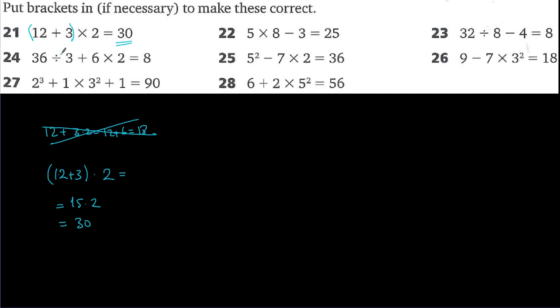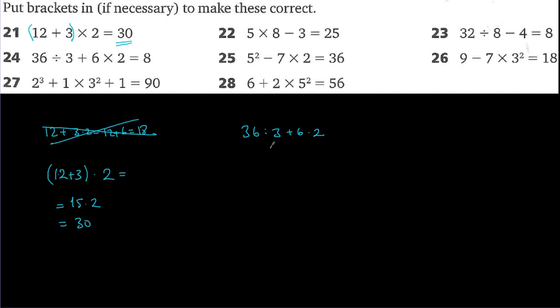So 36 divided by 3 plus 6 times 2. Let's see without parentheses. 36 divided by 3 plus 6 times 2. 36 divided by 3, from left to right. When you come here, we have division and multiplication, but from left to right, which operation comes first?